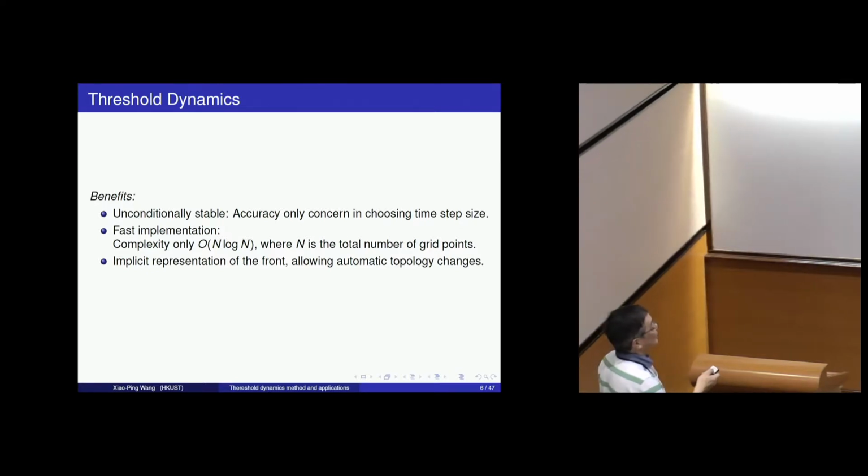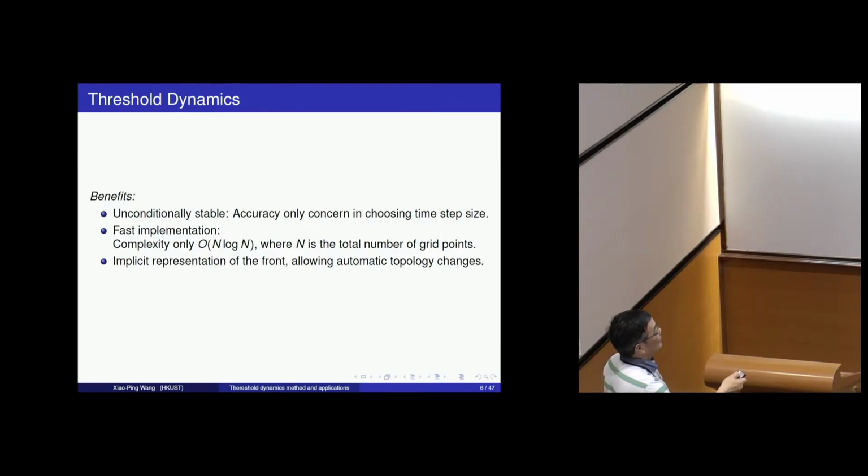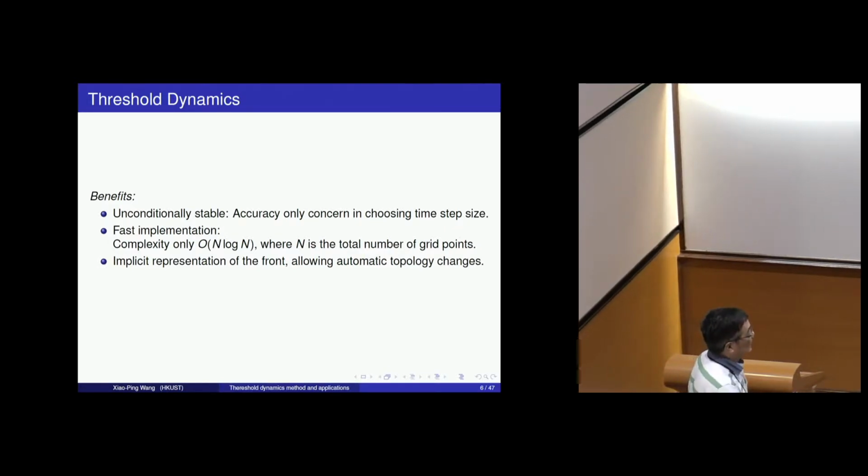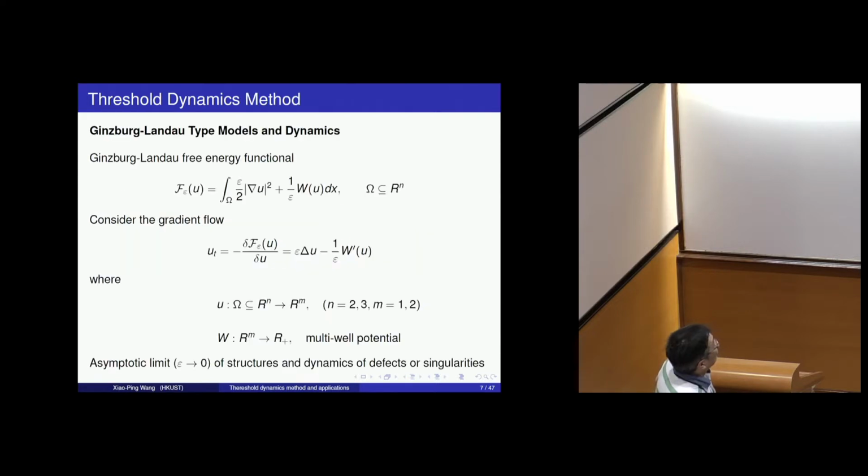So you have n log n computational cost for each iteration. And because the interface is implicitly represented, this also allows for topological change.